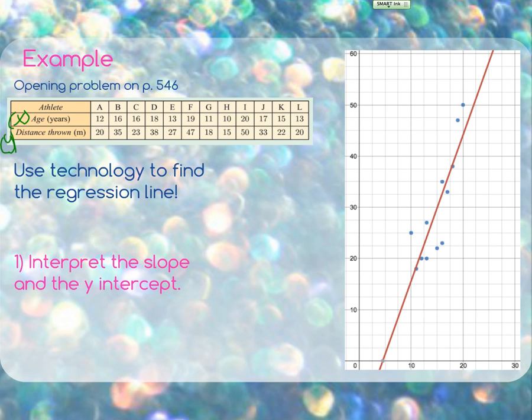Oh, go back to stat again, and go down to linear regression 4. Okay, now this is setting, but we have to fix this. Yeah, this is right, but you're supposed to see R here as well.